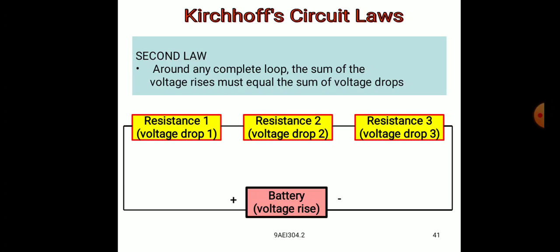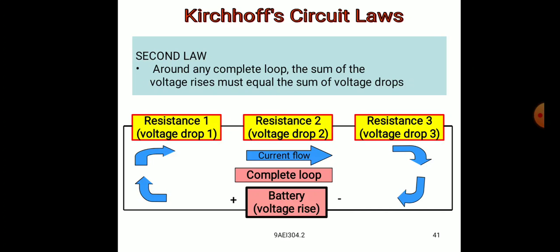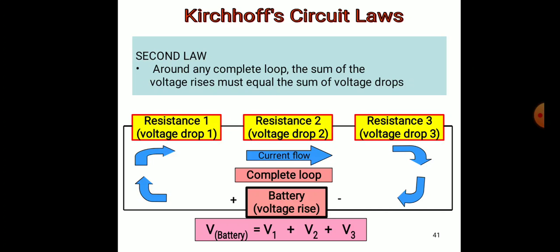If you measure in terms of volts, the sum of voltage rises must equal the sum of voltage drops. You see here how it is flowing. The battery voltage equals V1 plus V2 plus V3.